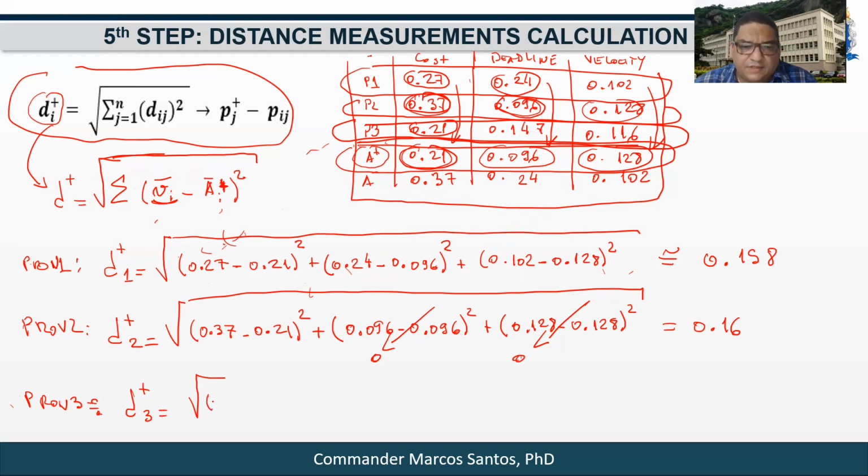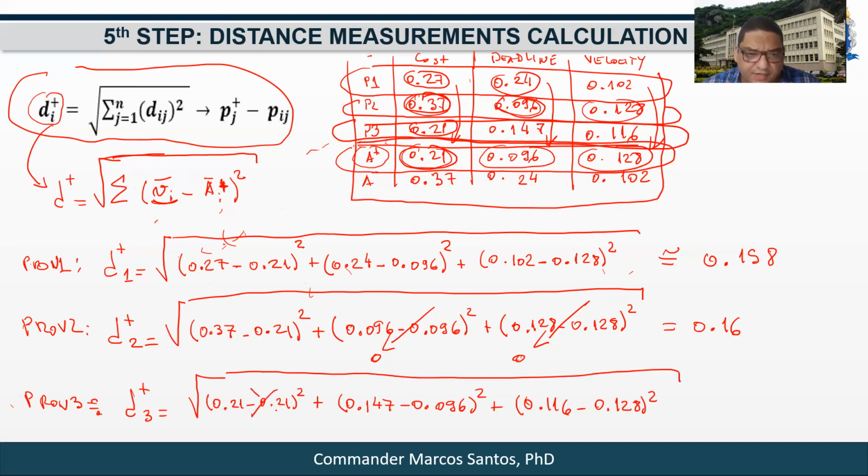So I have 0.21 minus 0.21 square plus 0.147 minus 0.096 square plus 0.116 minus 0.128 square.